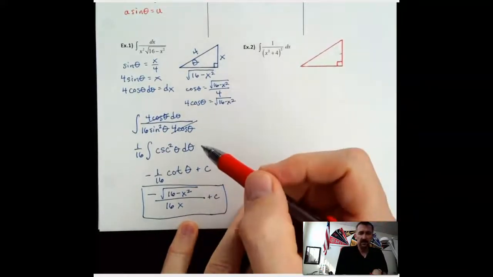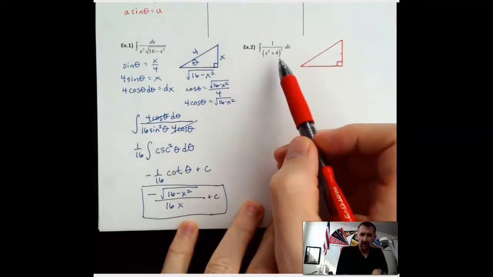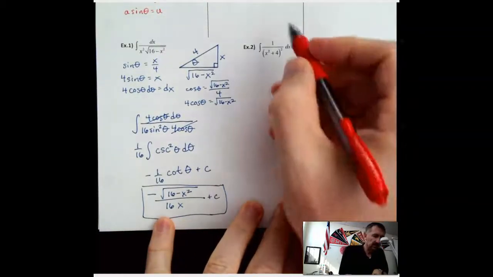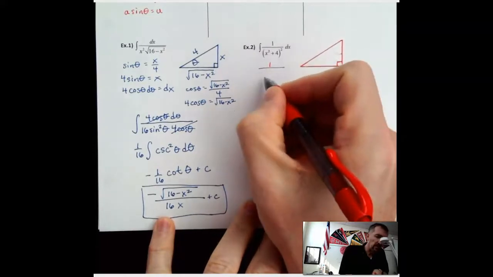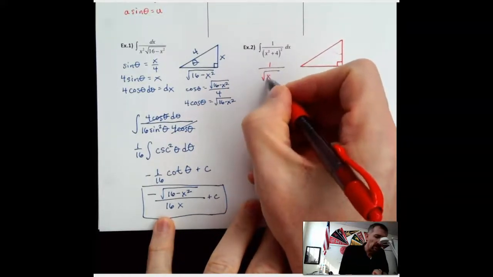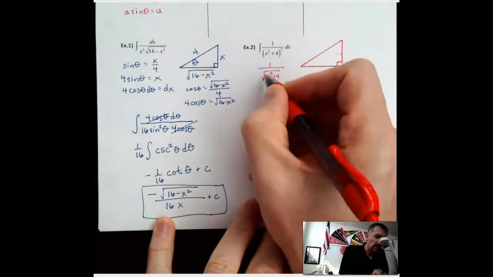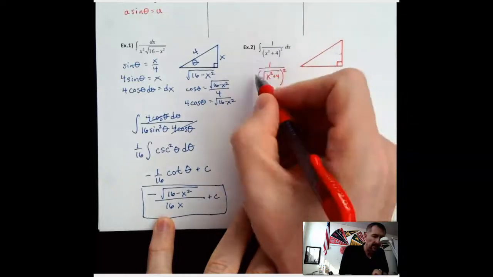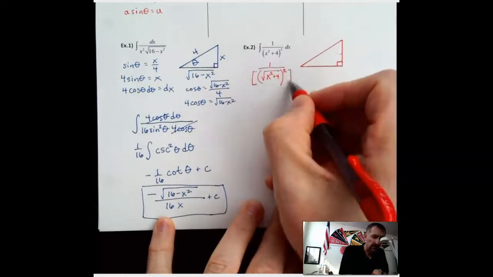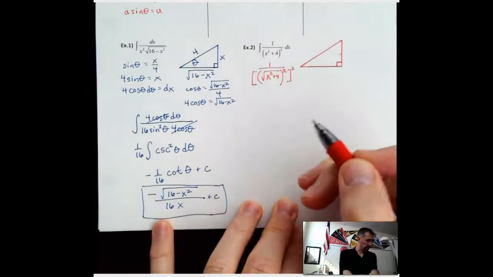They told us that we were taking the square roots of things. But we can make an adjustment to this to turn it into a square root. So we can put 1 over the square root of x squared plus 4 squared. That would give us that squared.